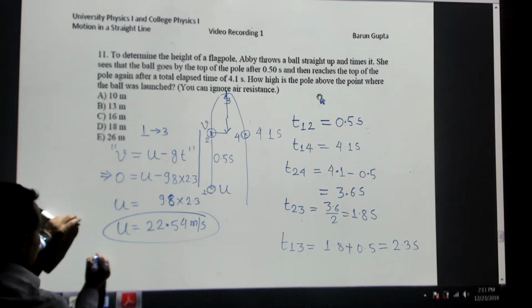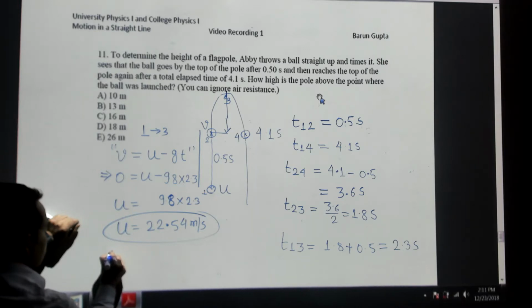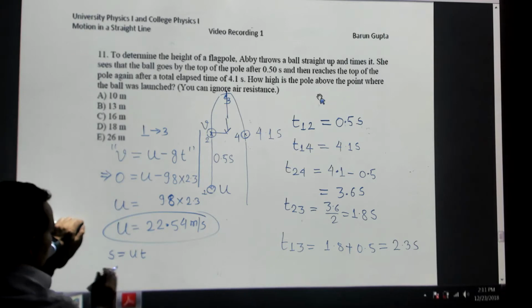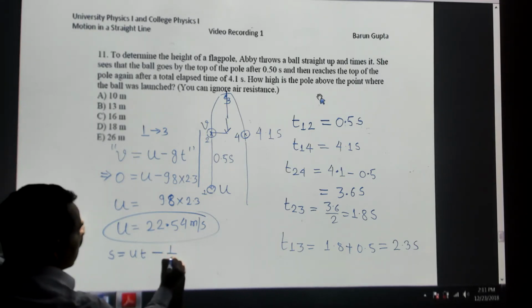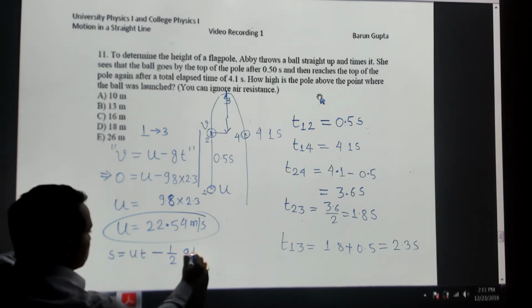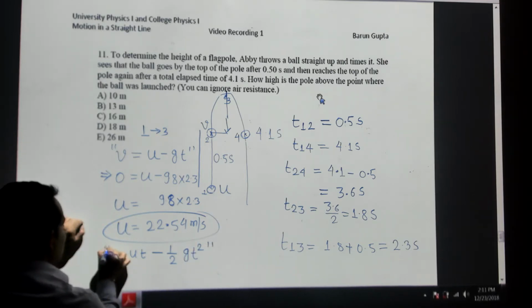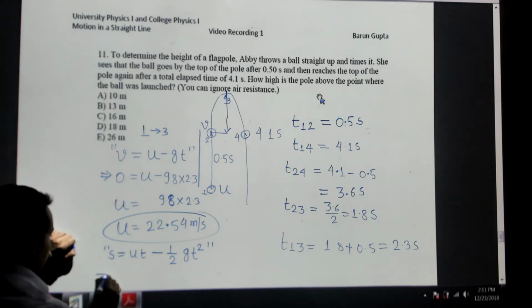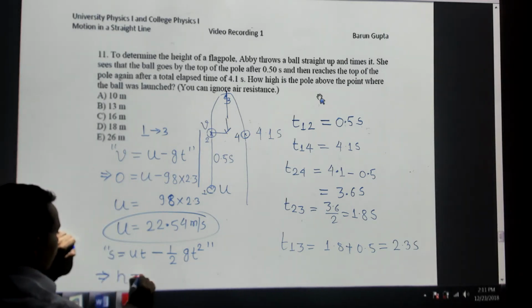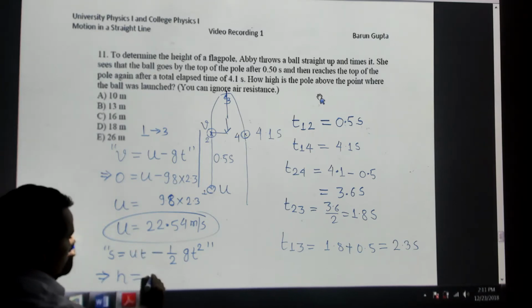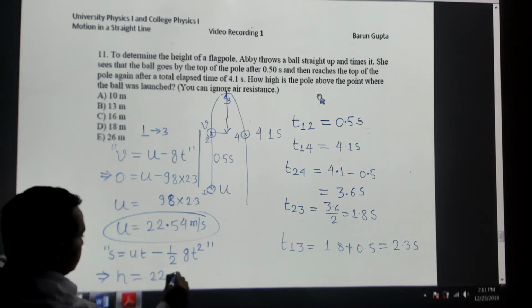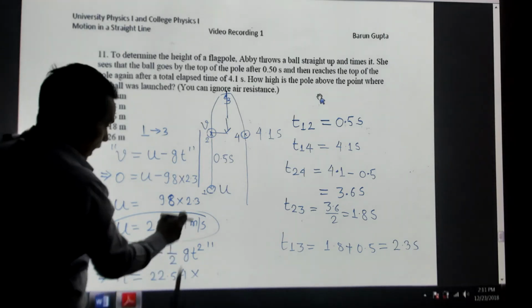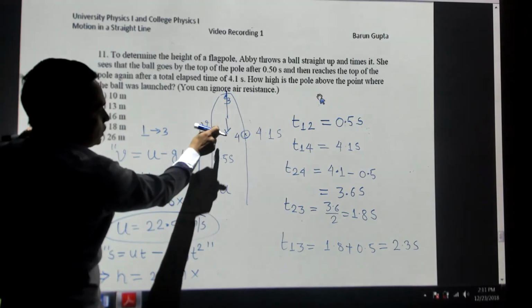The equation I'm going to use is this one. S is, let's say, the height of the pole, h. Your velocity is 22.54, and the time is, in order to measure the height, you have to choose point 1 and point 2.